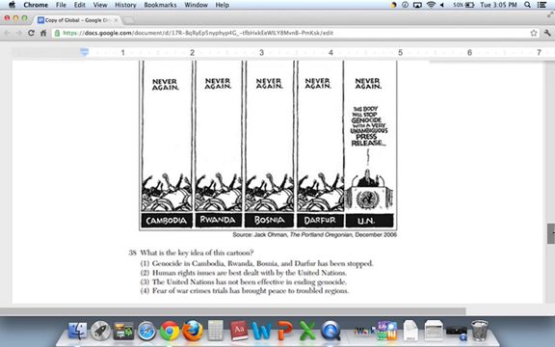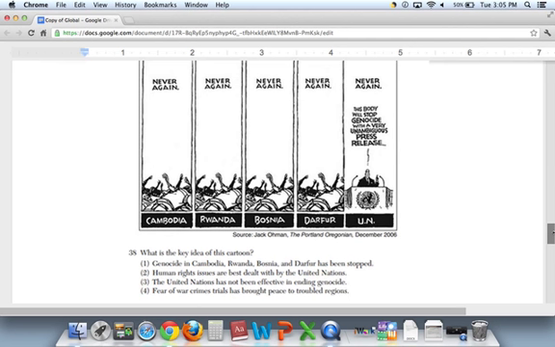Number 2, human rights issues are best dealt with by the United Nations. Looking at this picture, you can state that they did nothing to stop this genocide. They just keep letting the numbers increase until it gets to a higher level, and then they see that there's a crisis happening.